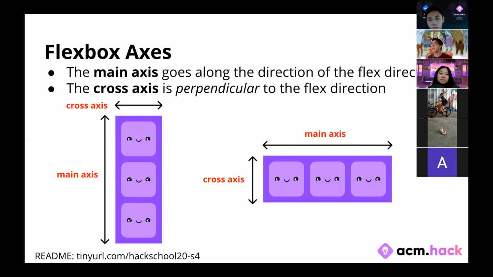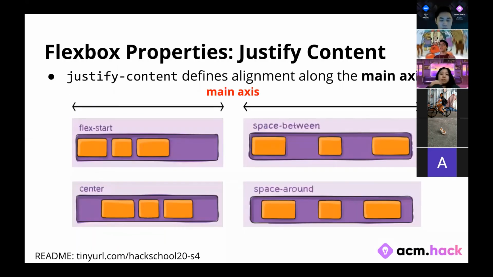With that in mind, let's hop into the next couple of alignment properties. First up is justify content. Justify content deals with how items are aligned along the main axis, so horizontal for rows, vertical for columns. Here are a couple of properties that I was too lazy to put on the screenshot. Flex start packs everything to the front of the container. Center does the centering that we mentioned before.